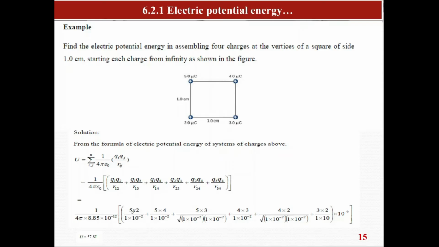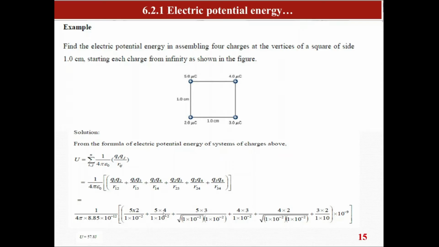So 5 times 2, and the distance is 1 centimeter. When you change into meters, these are microcoulombs, so 5 multiplied by 2, and we have 10 raised to minus 6 and minus 6, which is minus 12.